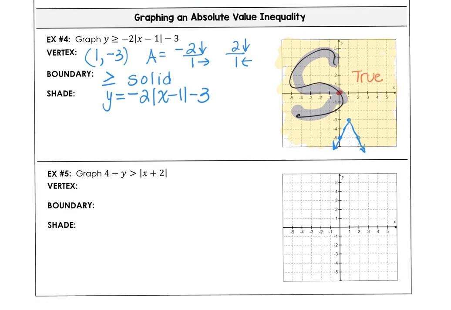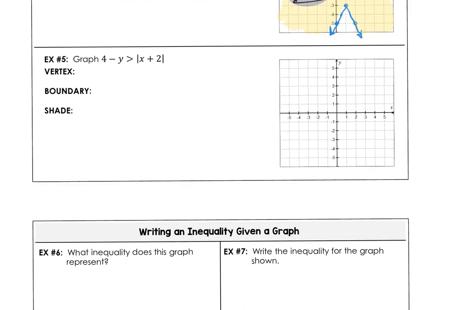Example 5 would be one for you to try. It's a little more difficult. You need to solve for y. So your graph is going to be y is less than negative absolute value of x plus 2, plus 4 after you simplify.